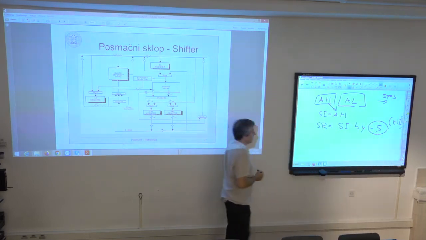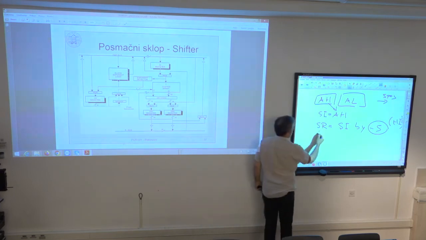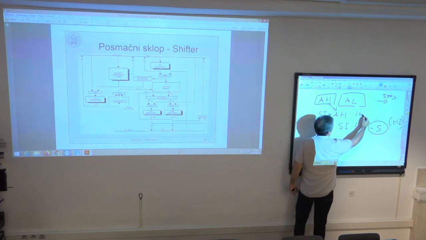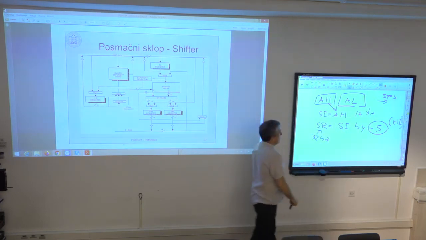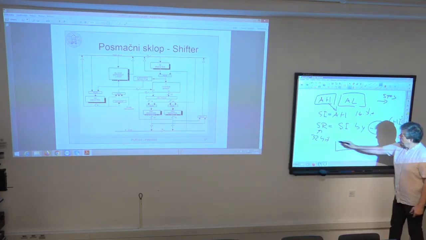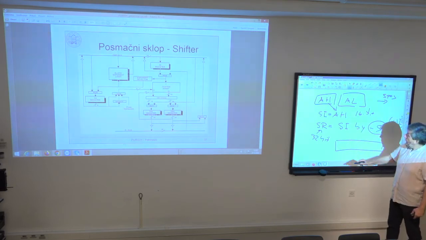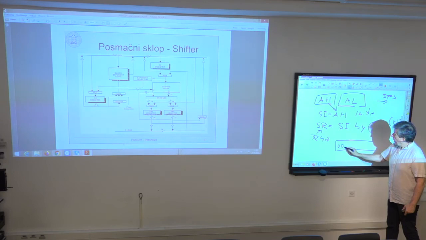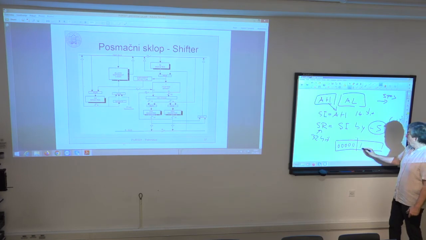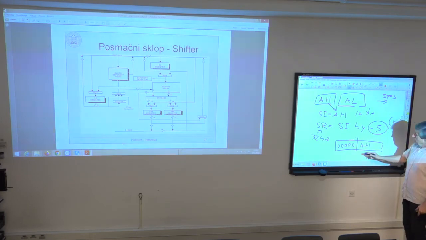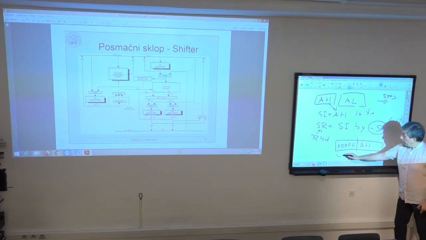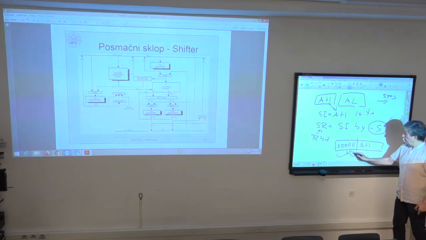And that means that this here is 32-bit. And this here is 16-bit. Okay? So as a result, after this instruction, I get 5 0 bits in the upper register. Then I have this AH. Out of this AH, 11 bits are in the upper result, SR1.